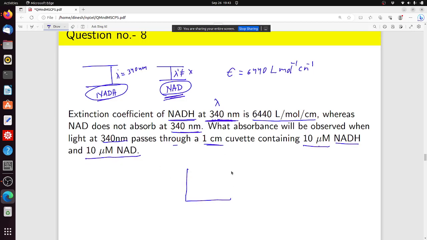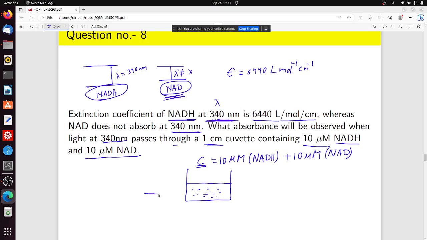So we have a solution of concentration 10 micromolar of NADH plus 10 micromolar of NAD. Okay, so this solution contains this concentration.